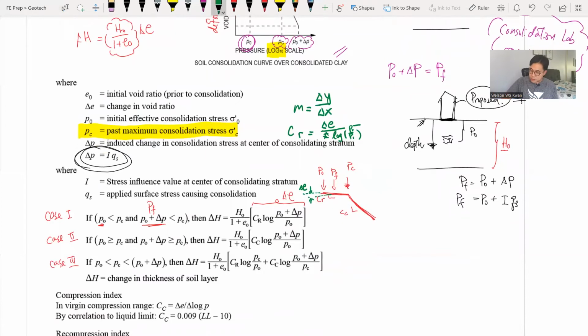Essentially, delta E equals C sub R times the log of the final stress divided by the initial stress. And this is case number 1.